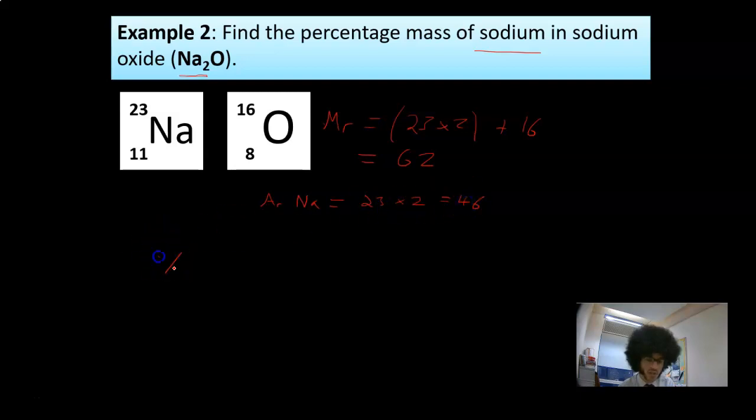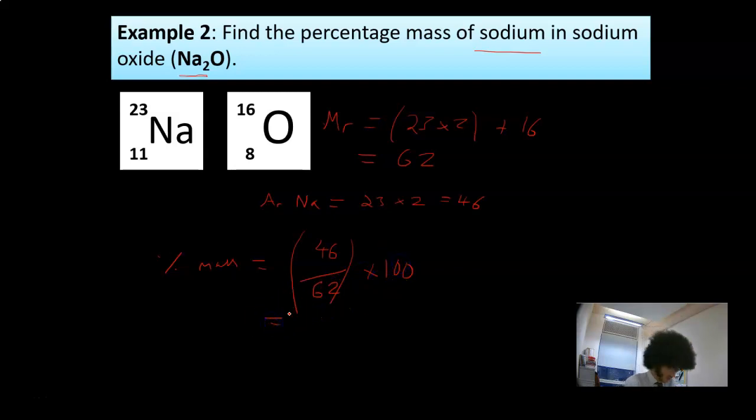So when I do my percentage mass calculation, because I want to work out the total mass of sodium, I have to use the 46, not just 23. That's a common mistake that's made. So it's 46 divided by the MR, which is 62. I times that by 100, and to 3 significant figures, 46 over 62 times 100 gives me 74.2%.